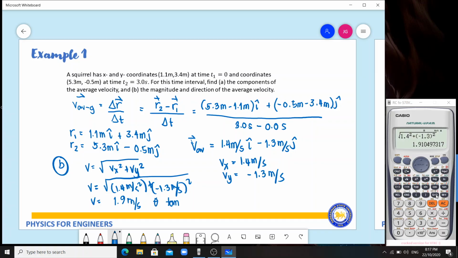Okay, and the direction would be the theta, which would be the inverse tangent of the y component, which is negative 1.3 over 1.4. So let us solve for the direction. Negative 1.3 over 1.4.